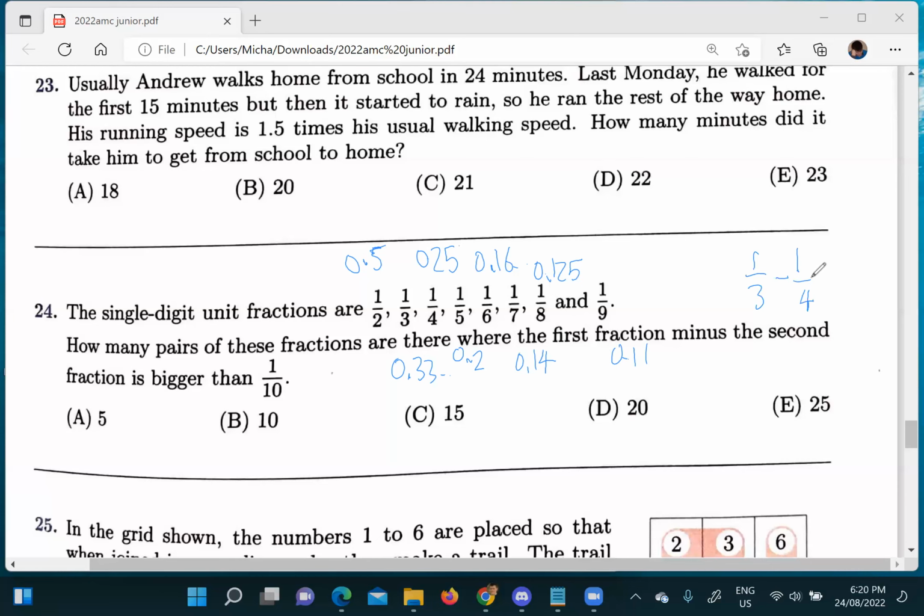Minus a sixth is not going to work. Minus a seventh does work. Minus an eighth obviously would then work, right? So a quarter has two things that don't work, yeah? Minus a fifth and minus a sixth.